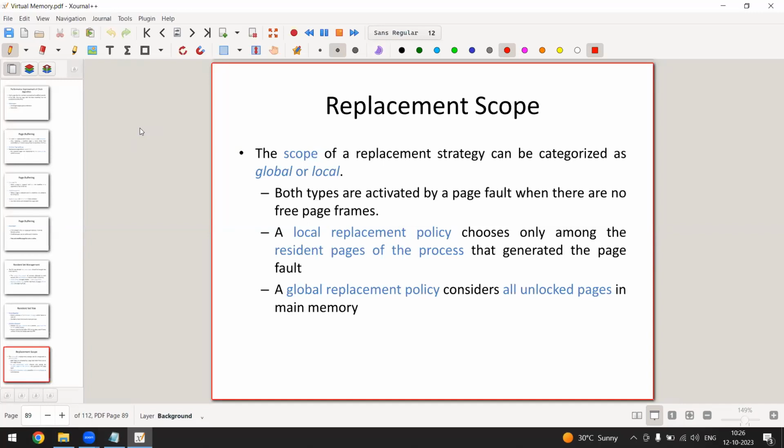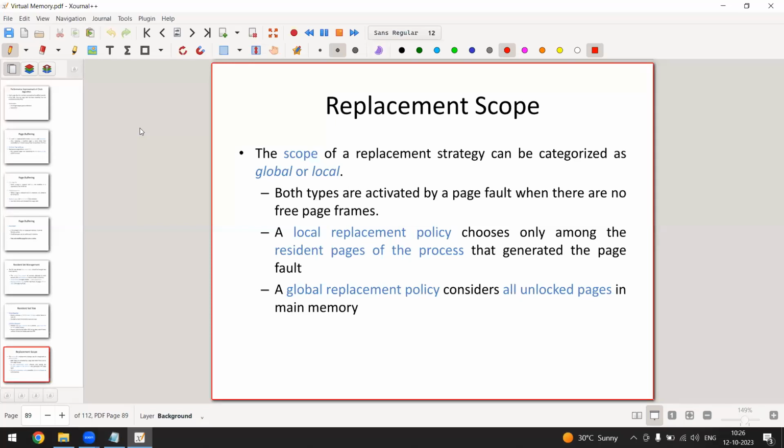What is the meaning of this? In case of local replacement policy, when a page is to be swapped out, the page is swapped out of the process which is generating the page fault. Okay.